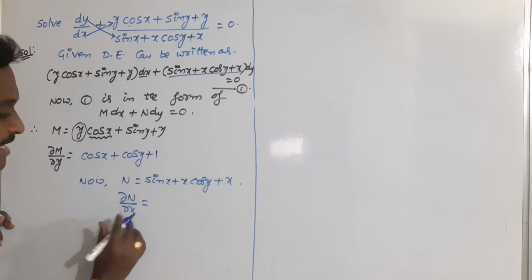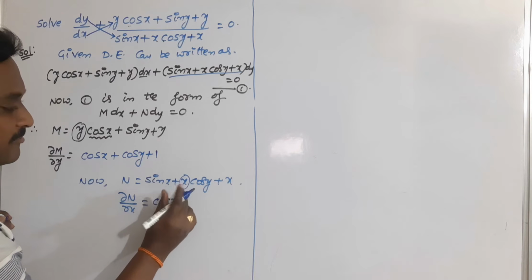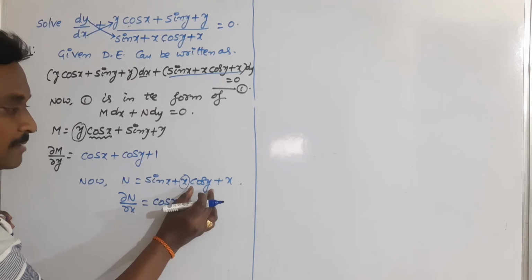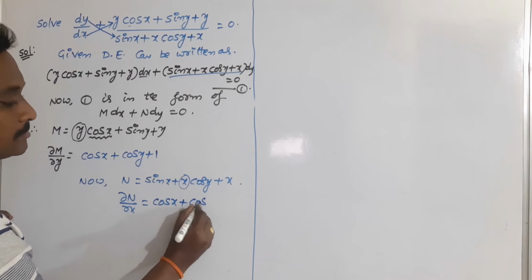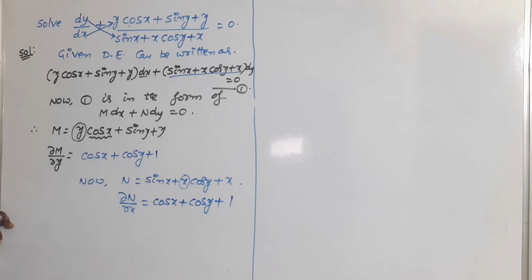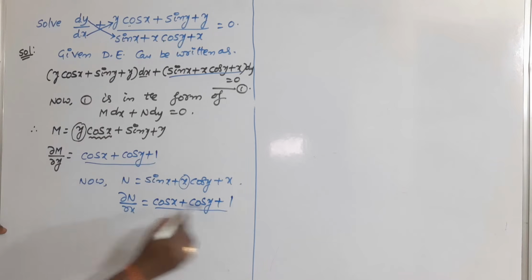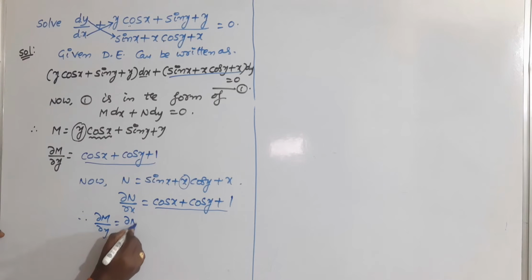So the derivative of sin x with respect to x is cos x, and just write the derivative of x with respect to x only, because cos y is in terms of y but it is in the product, so don't do anything for this one. So 1 into cos y plus 1. Clearly we are observing that these both are same. So dou M by dou y is equal to dou N by dou x.